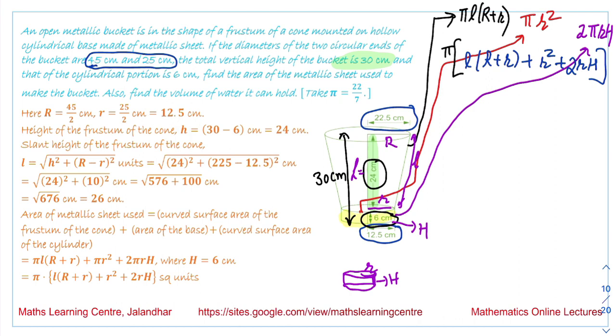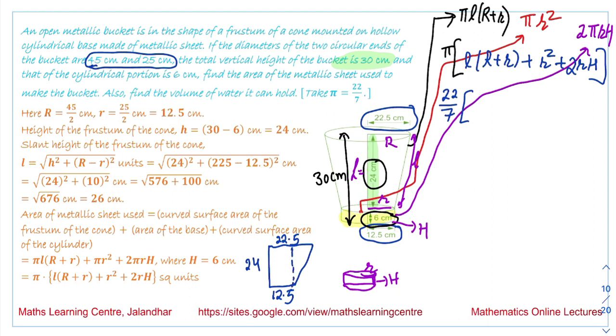On substituting these values in the formula, we get 22/7 into the value of L. To calculate L, in this figure this is 22.5 centimeter, this length is 12.5 centimeter, and this length is 24 centimeter.